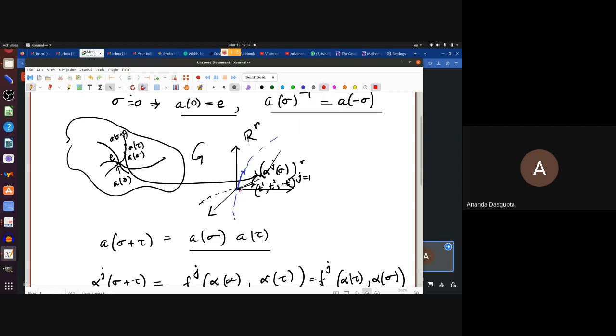Change the t to something else. You're going to get another curve like this, whose tangent here is this red line, red vector. And each of these are different one parameter subgroups, each basically differentiated from each other by the tangent at the origin.